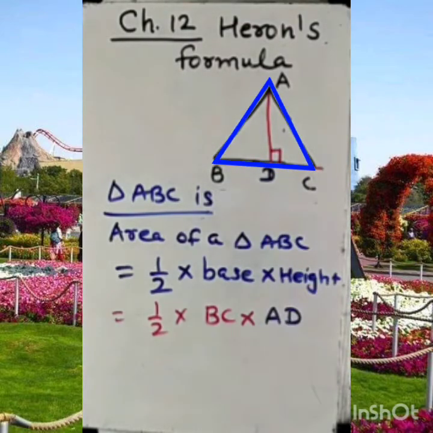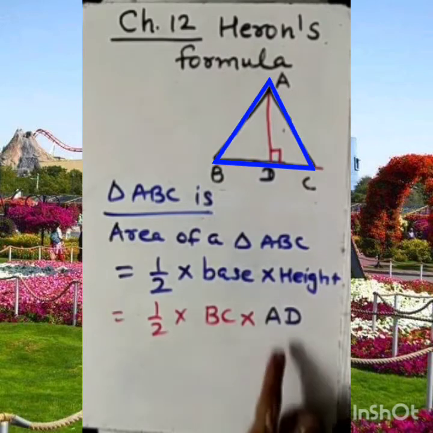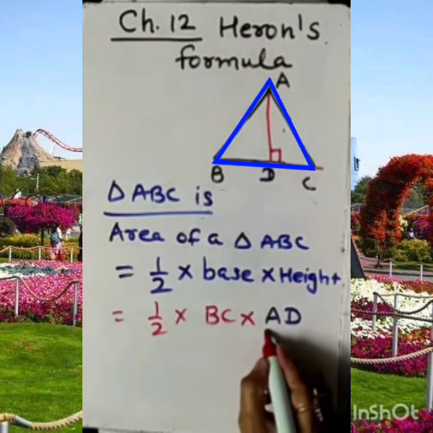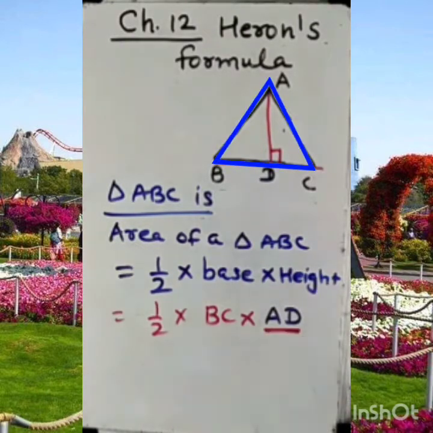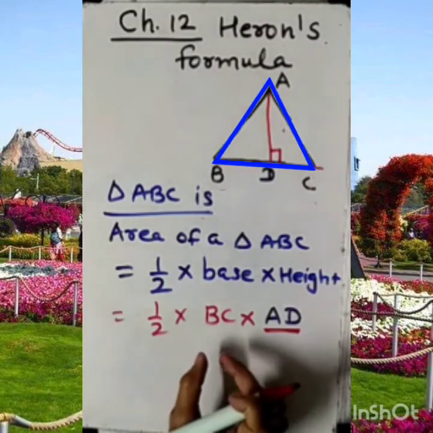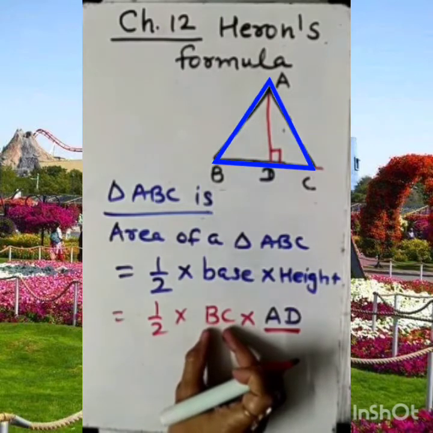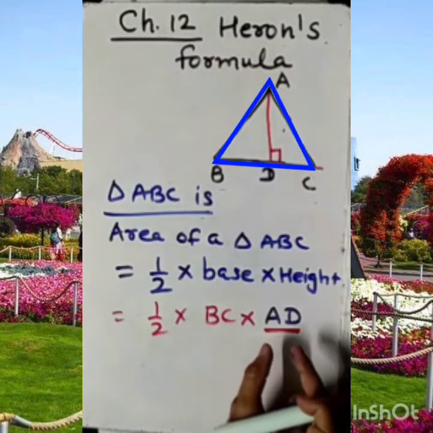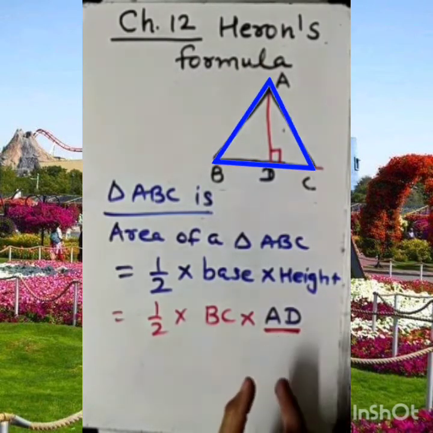Clear to you? But dear student, suppose we are not given this AD, the perpendicular height. One side we are given, which we consider as the base, but the height, the perpendicular distance to the other side, is not given.